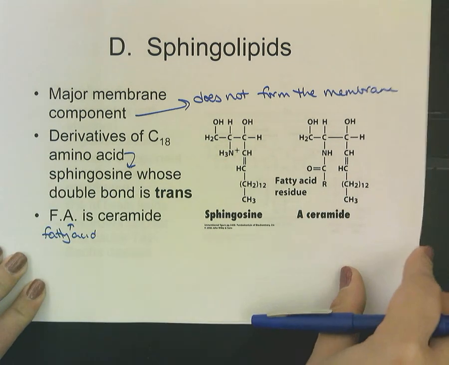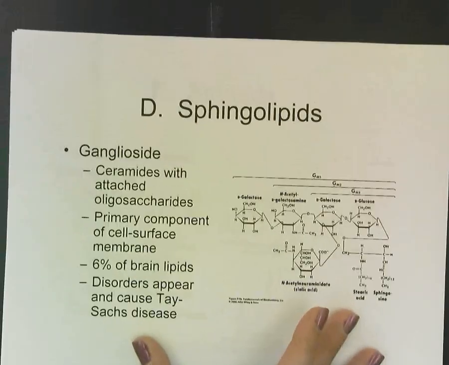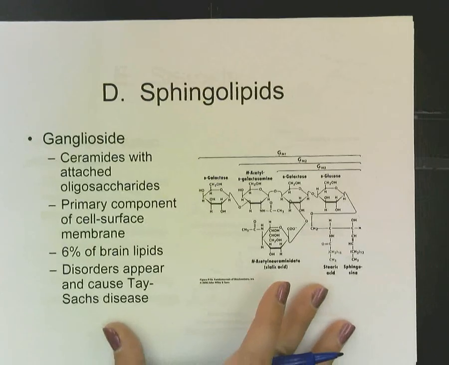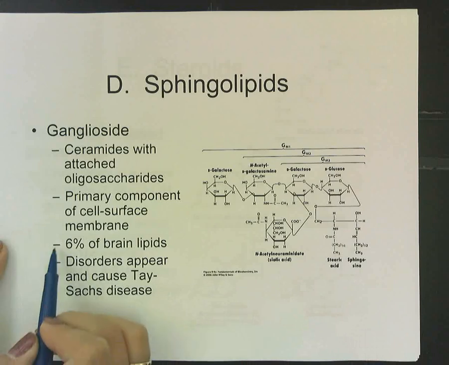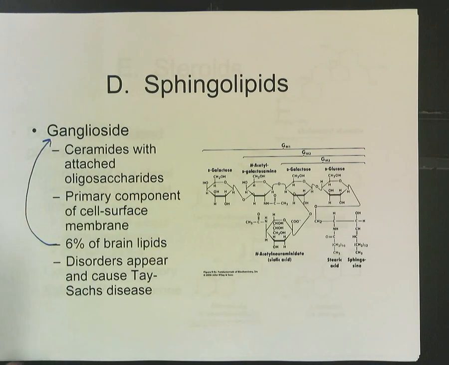When we do that, one of the things we can make is something called ganglioside. And the reason we care about gangliosides is that it is the majority membrane component of your brain membrane. It is the fatty acid that makes up the largest portion of your brain membrane.